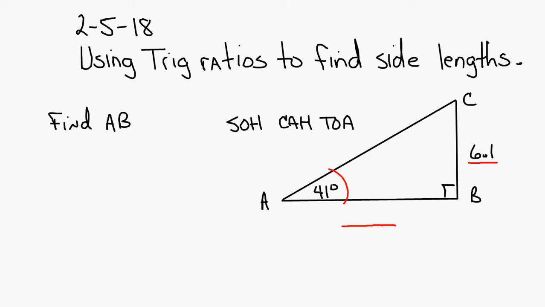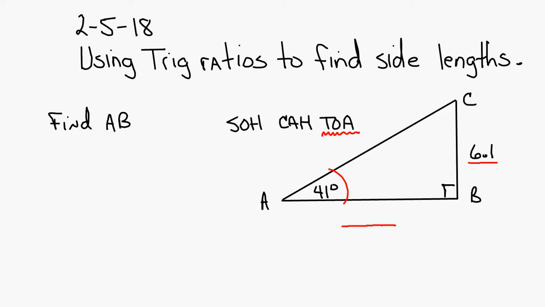You're given opposite and you're finding adjacent. So what ratio deals with opposite and adjacent? Tan. So the problem just told you what ratio to use. Opposite and adjacent deals with tangent.